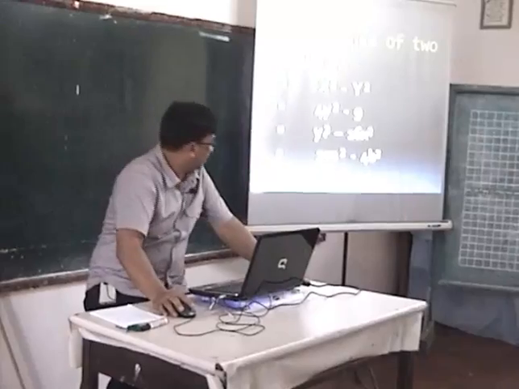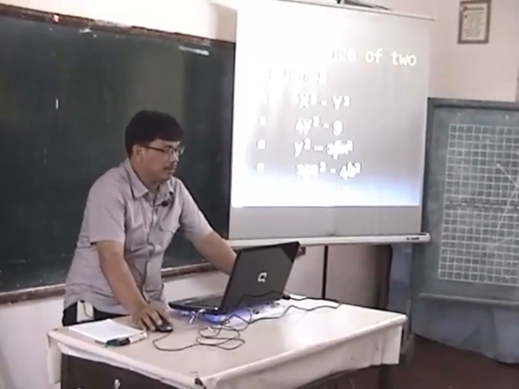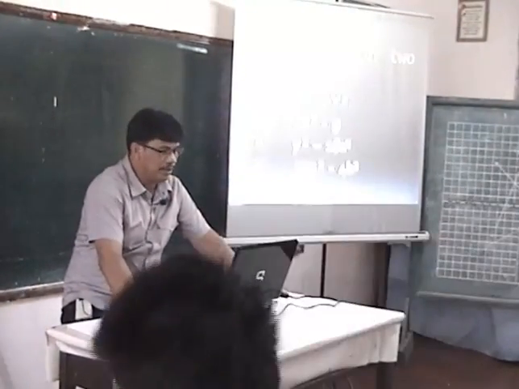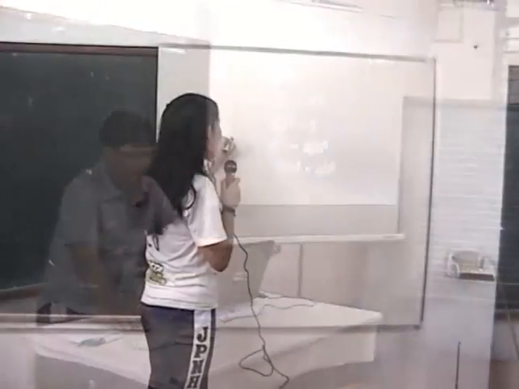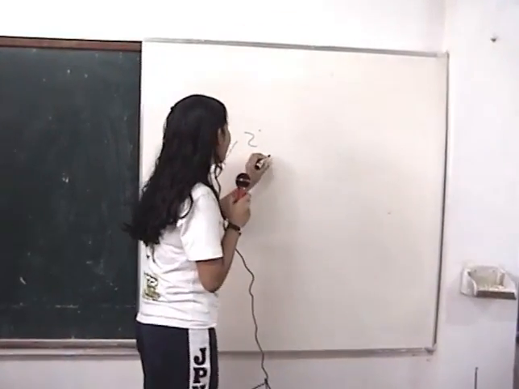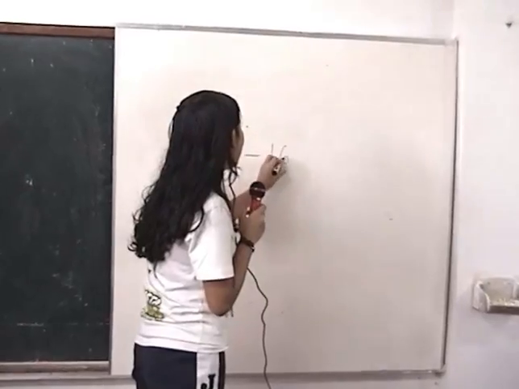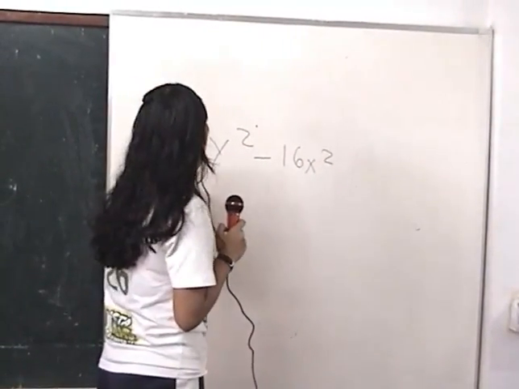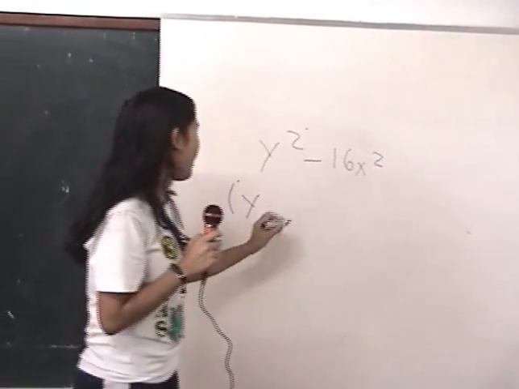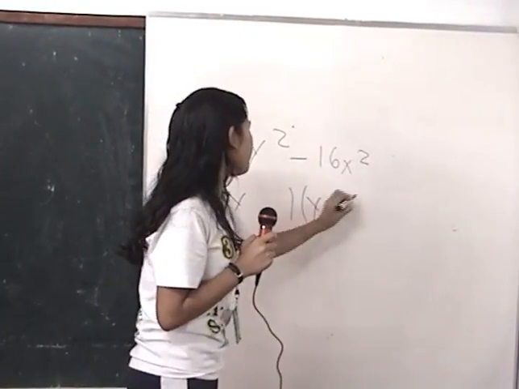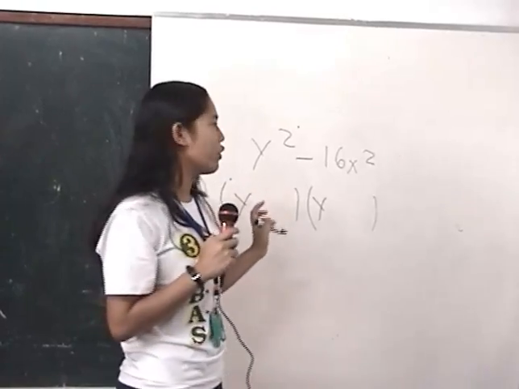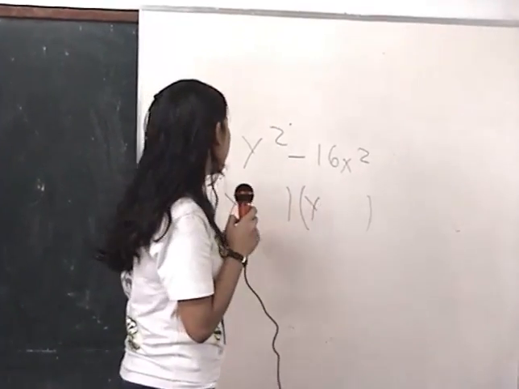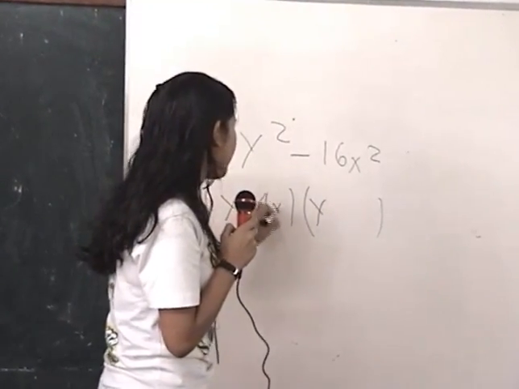Now, we take this third example: y squared minus 16x squared. First, get the square root of y squared, which is y. Then, get the square root of 16x squared, which is 4x.